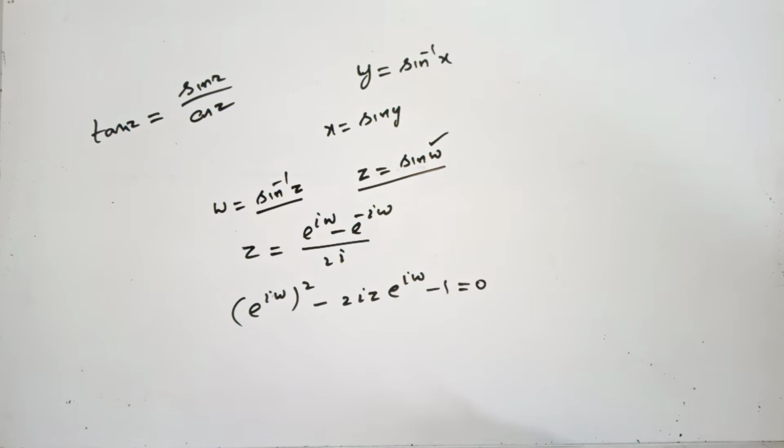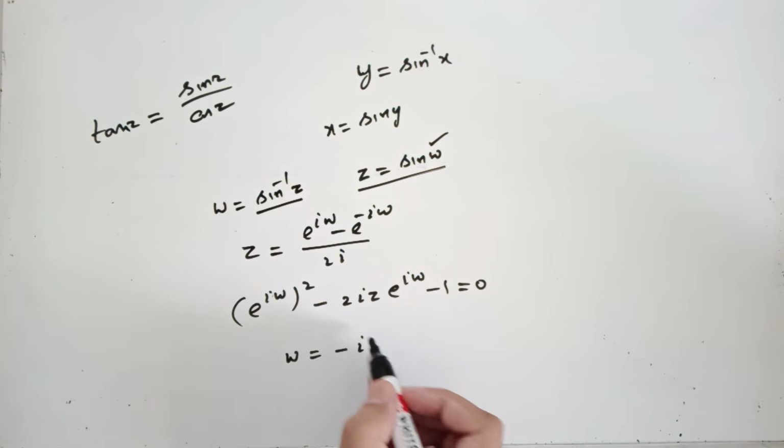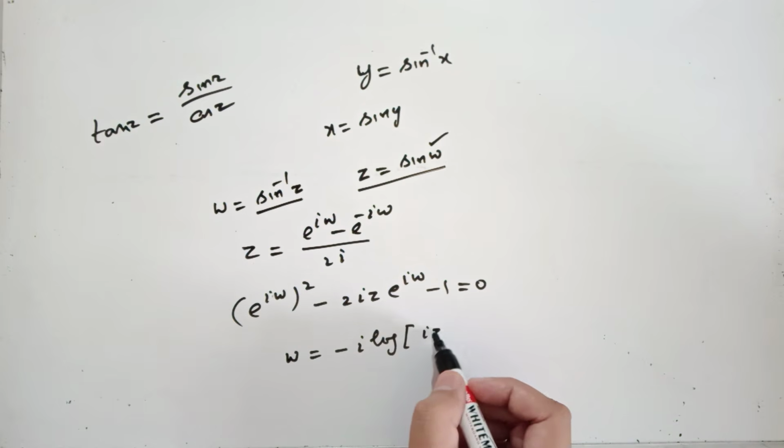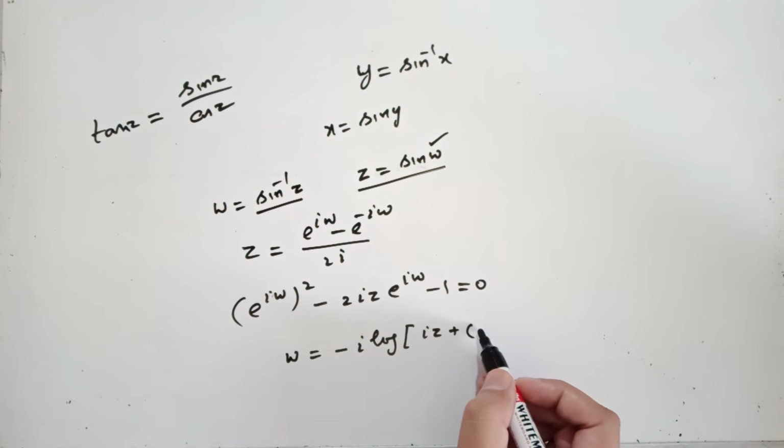Now this is quadratic in e power iota w. You can get e power iota w by solving this quadratic equation, and then you can write w in terms of a logarithmic function. From your calculations, finally you will get this expression.